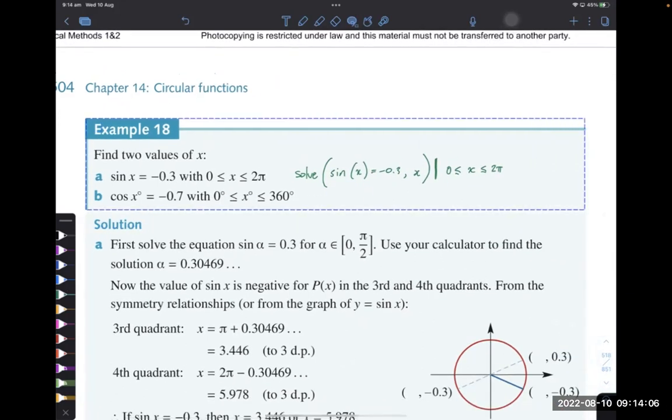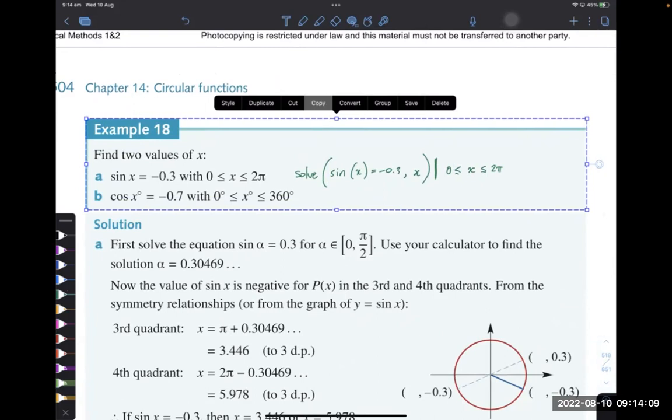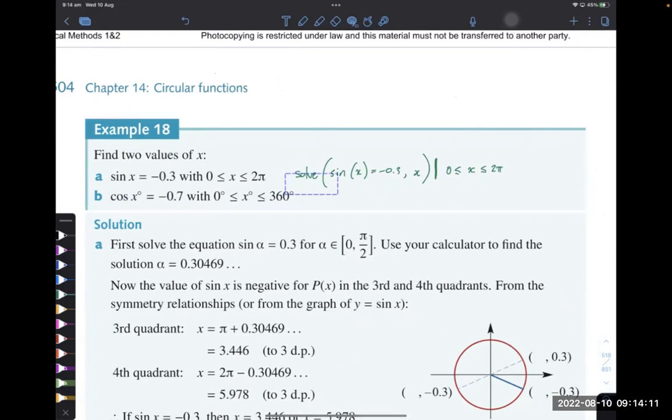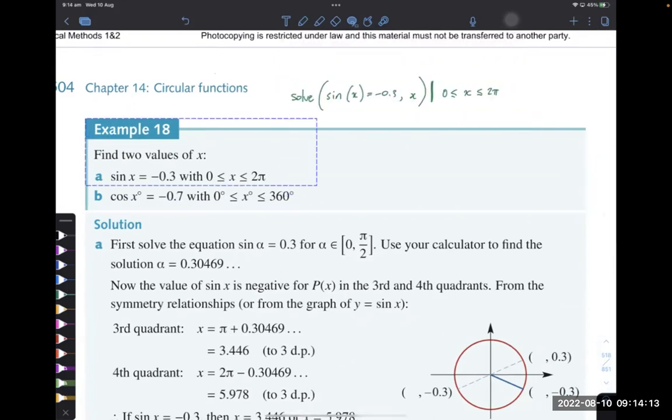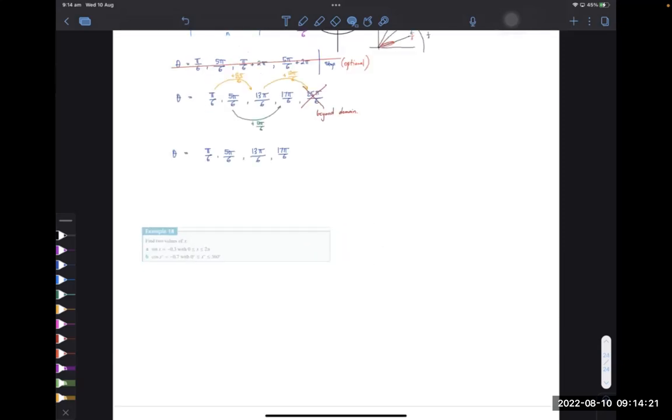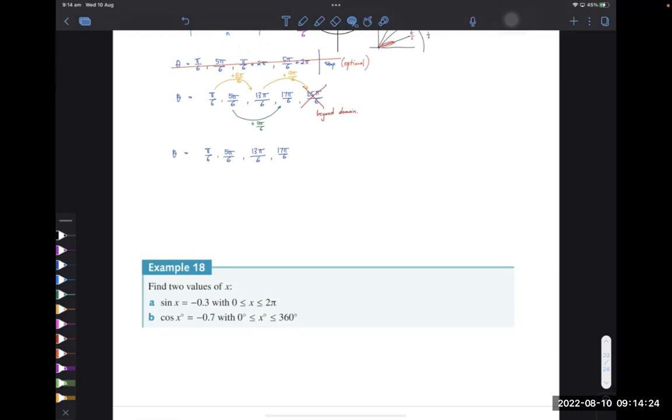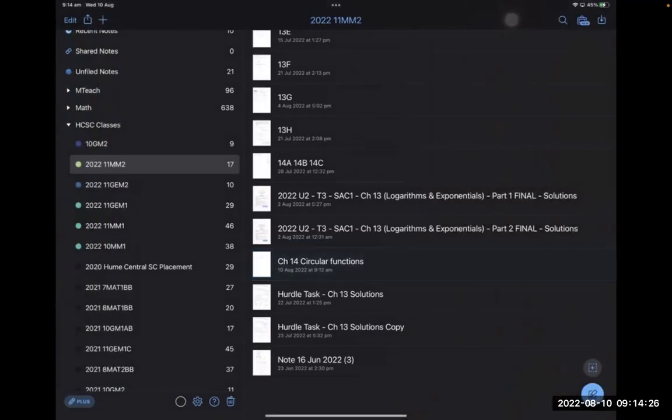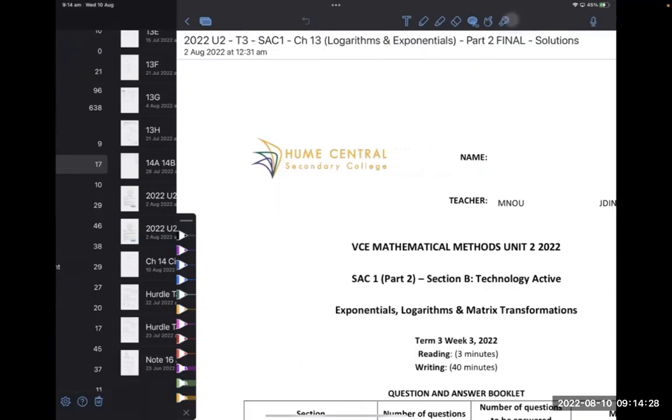You want to pop this in your notes. Because I'd rather you learn how to solve the ones by hand.